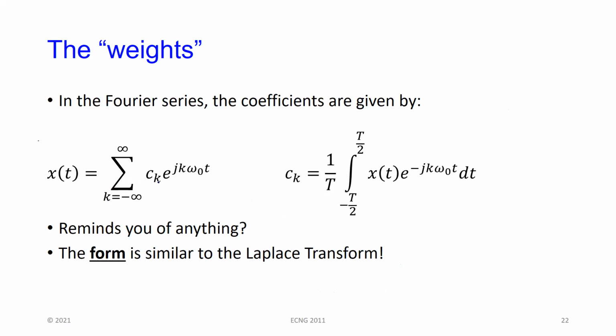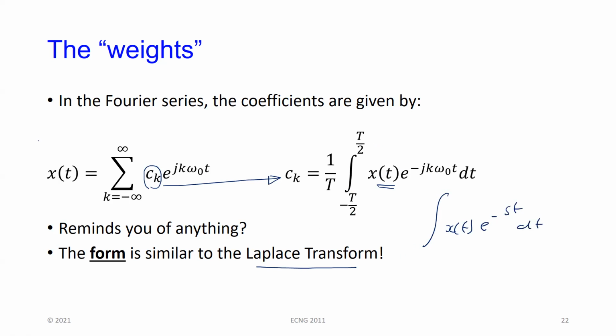Okay. Now, in this particular form, this is the Fourier series. This is the complex exponential form here. And the coefficients now, the CKs, are given by that expression. So to get the CKs, you take xt multiplied by e to the minus jk omega naught t, and you integrate it over the period of the signal. Notice that CK looks very much like the Laplace transform. Remember, the Laplace transform is xt e to the minus st dt.